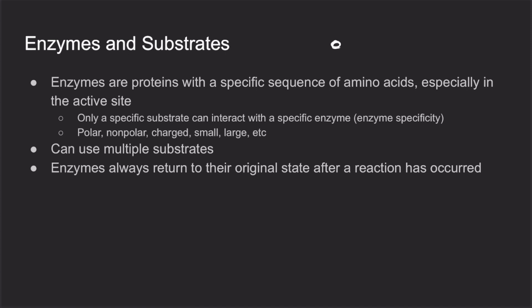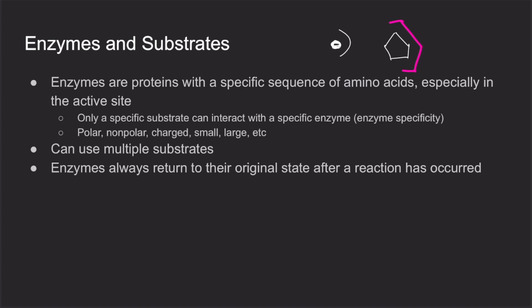Think about it like this: if you were trying to fit a pentagon in an active site that looked like that, it probably wouldn't work. But if the active site maybe looked like that, maybe it will work.